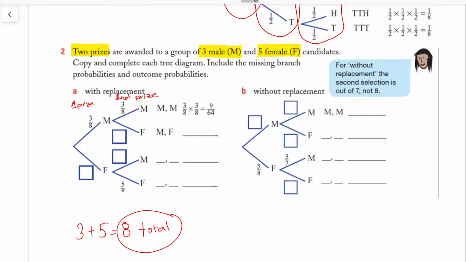For the second prize, it's also 3 out of 8, because this one is with replacement. If the person wins the first prize, they go back in for the second prize. So they have another chance of winning the second prize as well. Hence the 3/8.